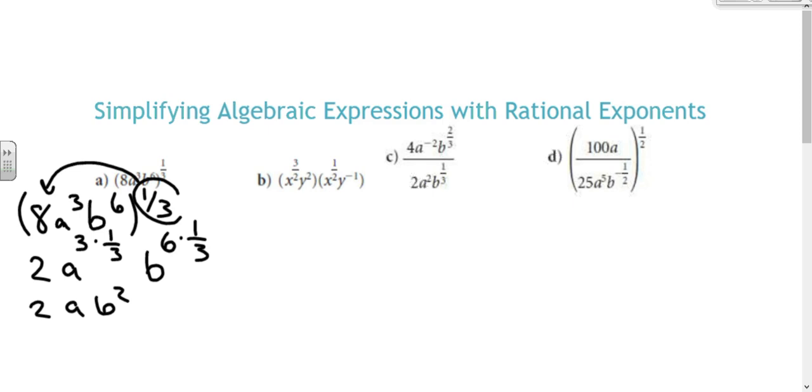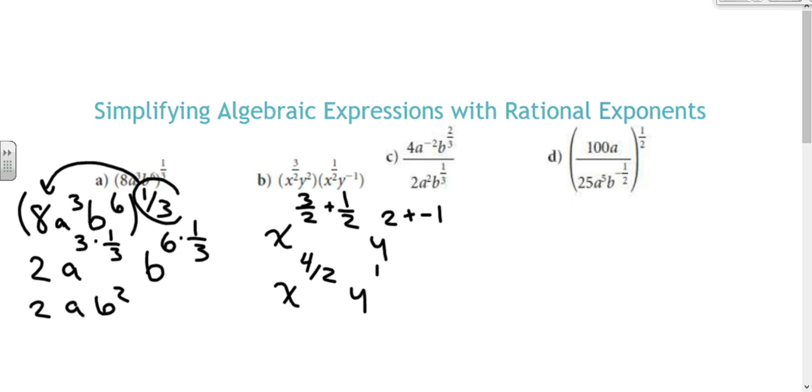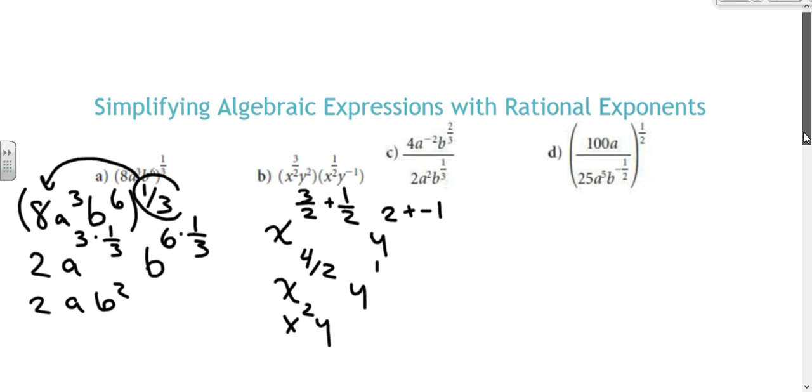Okay, next one. X, this is 3 over 2 plus 1 over 2, y 2 plus negative 1, x to the 4 over 2, y to the 1, which leaves us with x squared y.